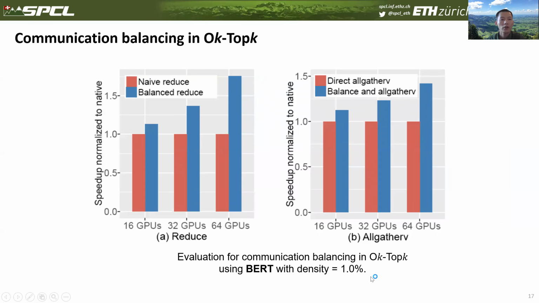First, let's show the effect of communication balancing in Ok-Topk. Recall that in both the reduction phase and the allgather phase, we conduct communication balancing. So this result shows that the more GPUs we use, the more benefit we can get from the communication balancing. This is consistent with the communication cost model.